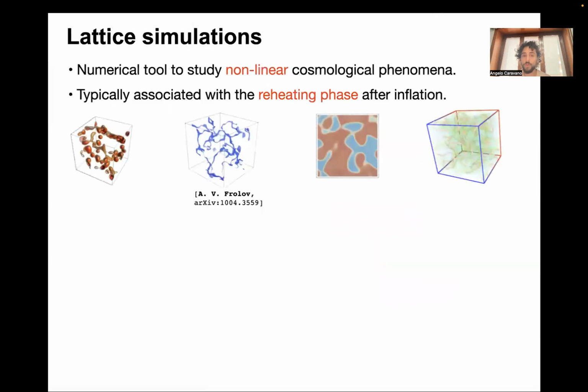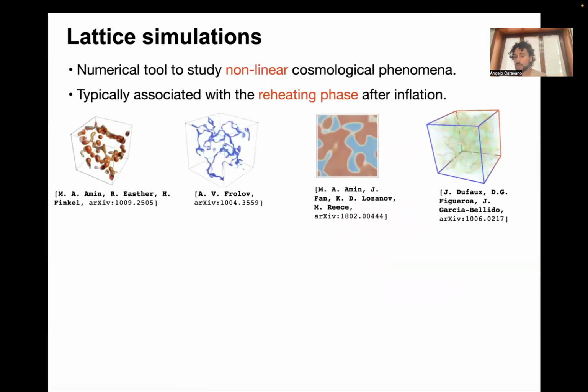So now, to solve this problem, I'm going to employ so-called lattice simulations. Lattice simulations are a numerical tool that has been developed, and quite used in early universe physics, to study the reheating phase of the universe. Here I'm going to show you just some examples.